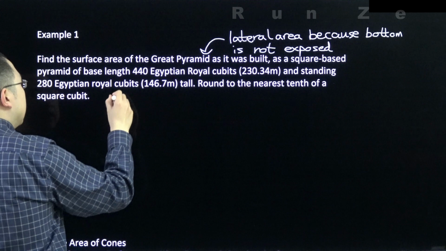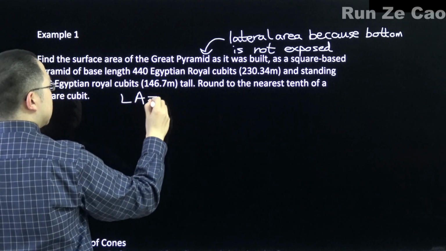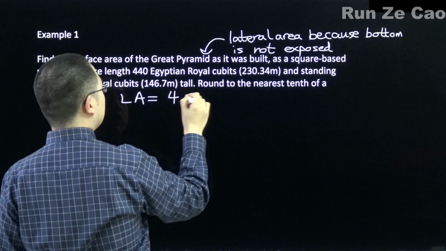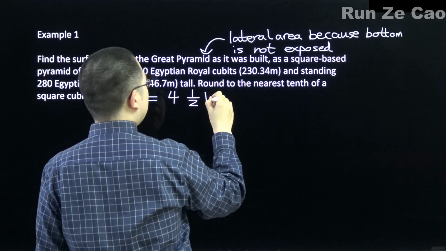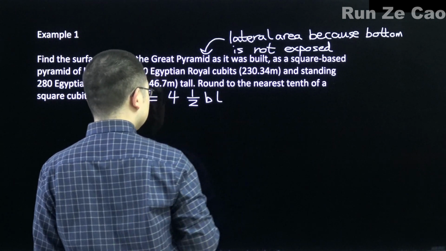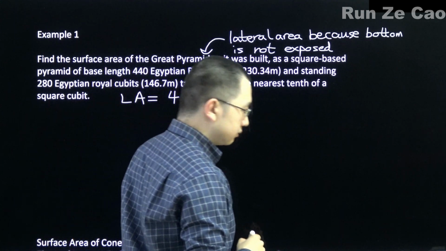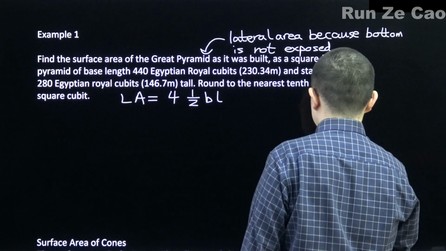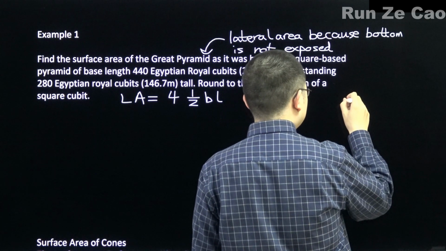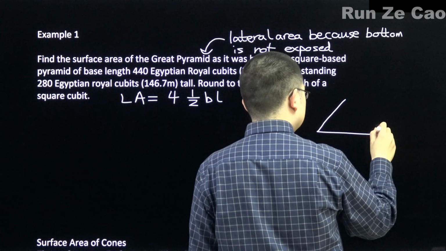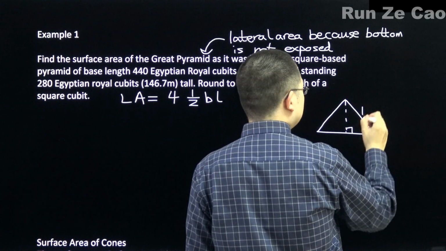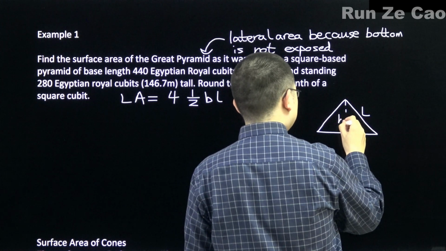So the lateral area is equal to, it's a square-based pyramid, therefore it's 4 times 1/2 base times slant height. Slant height uses L, at least in cones. So, if we have the pyramid's cross-section, you'll notice how this L is very different from H.